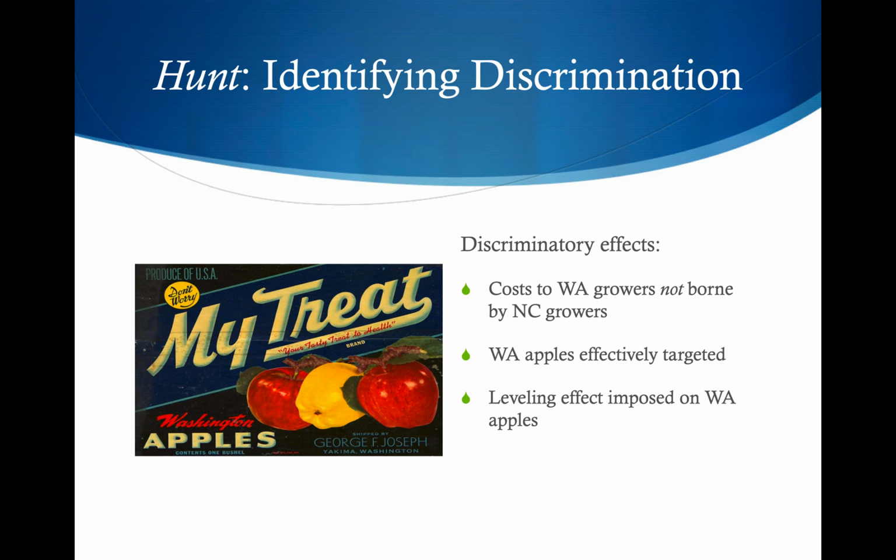But the court says that's not necessary. Understand why the court's hesitant to draw that conclusion, because the court would essentially be concluding two things. One, that North Carolina had a bad unconstitutional motivation, and two, that North Carolina lied about its motivation. And so the court says we don't have to say that, although there's apparently evidence of that, to make the determination that the statute is discriminatory because it's discriminatory in effect.